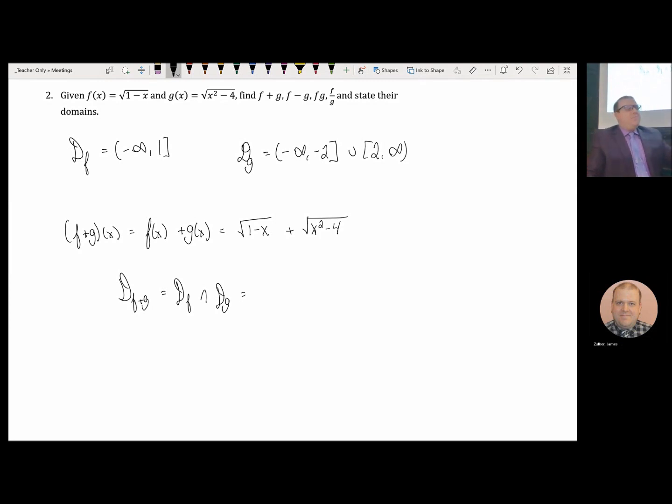The domain is the intersection of our domains. Again, it's what do they have in common? So what do those two intervals have in common? We definitely both start at negative infinity, open.